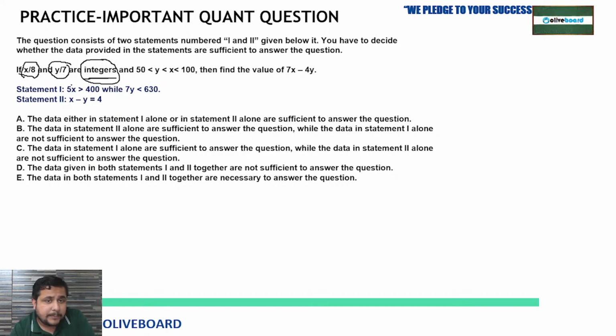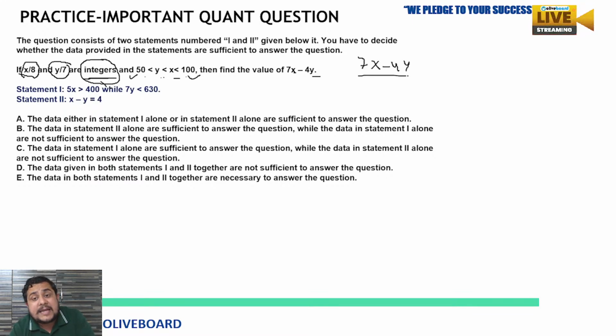So are you getting my point? Now see, 50 is less than y is less than x is less than 100. Then find the value of 7x minus 4y. So by the help of this, can we get the value of x and y? Because if we need to find out 7x minus 4y, then we must know the values of x and y.